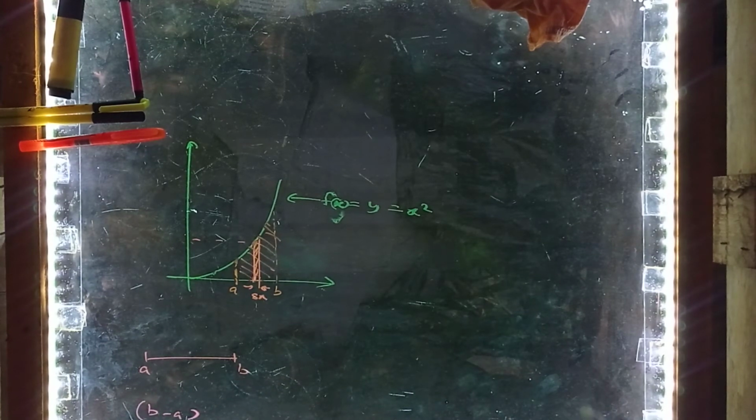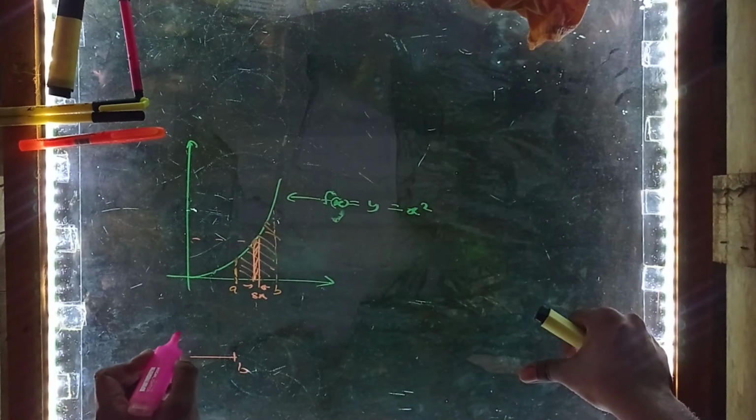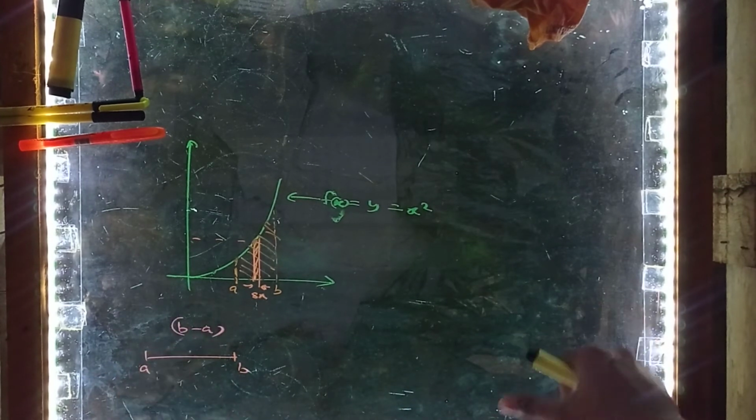If you manage 5 rectangles, it will not look like rectangles because of the curvature, so you need to divide it into an infinite number of rectangles, otherwise we're not able to say that.